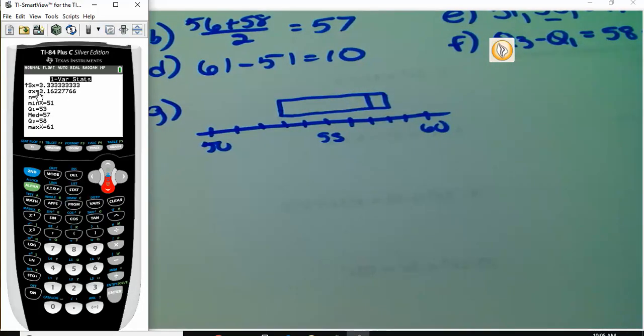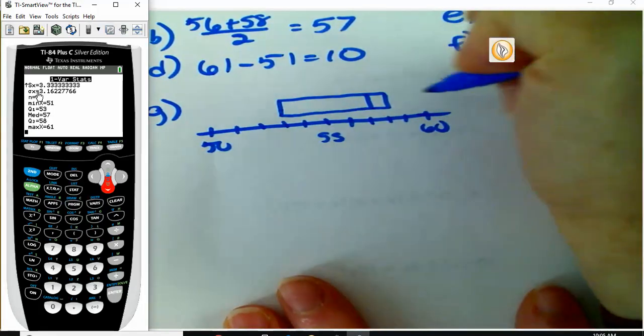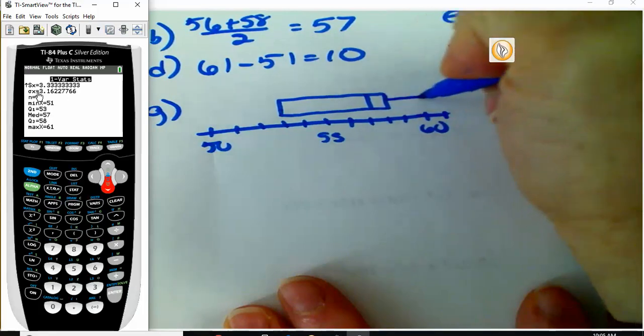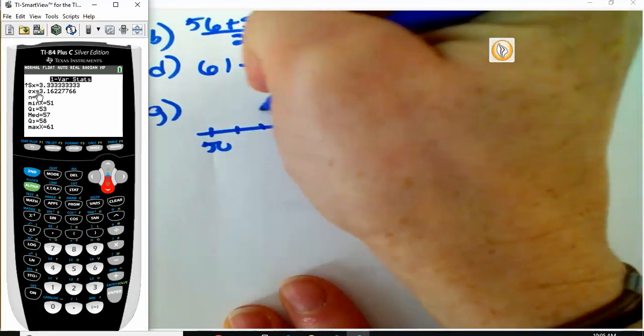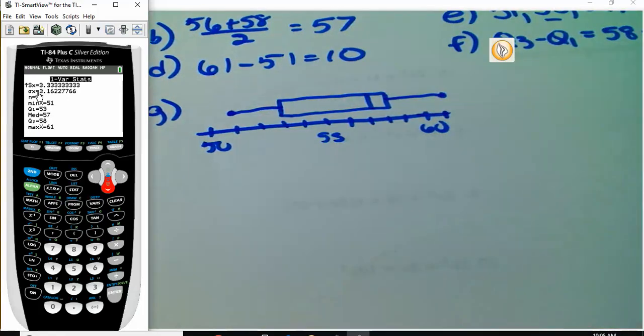But if you did have any outliers, you would draw your whiskers going to the highest or lowest points, except those, and then you just mark those with an asterisk. So if I had a 10, I wouldn't draw my whisker going all the way down to a 10. I would still stop it at the 51, but then I would go down to 10 and put a little asterisk there to show that I had a point. Okay, so there's my box and whisker.